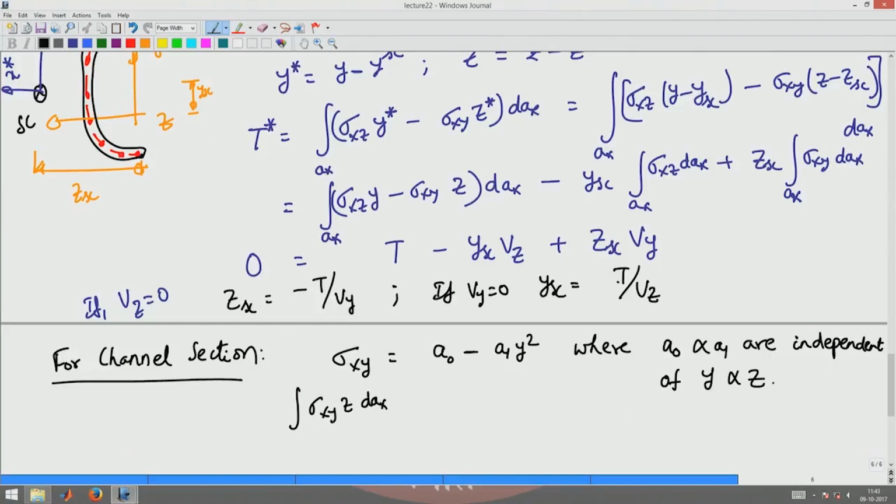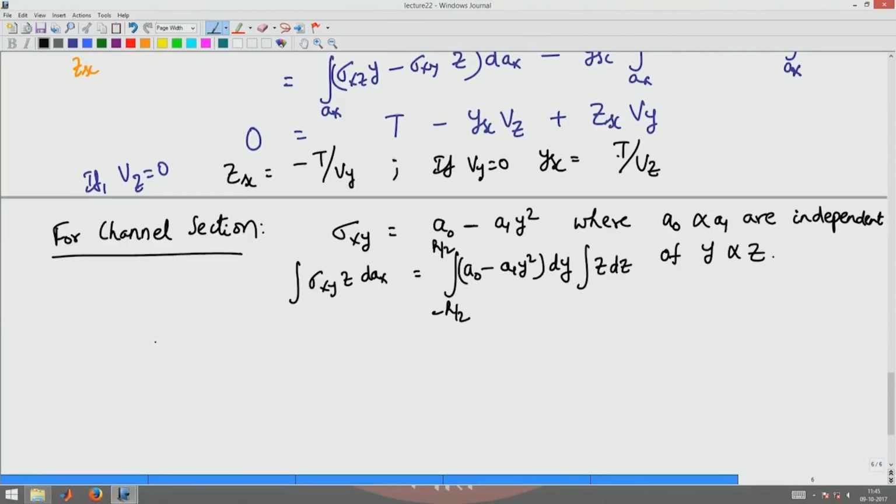Now for the channel section this would be integral of a naught minus a1 y square dy, which varies from minus h by 2 to h by 2, into z, which is dz, which varies from minus bf plus zcg to zcg.